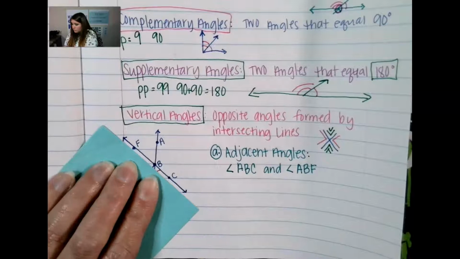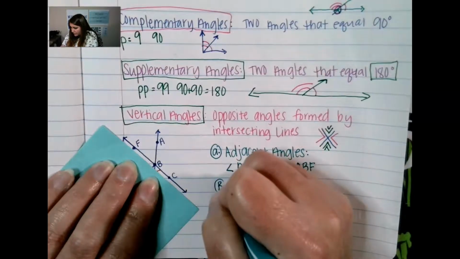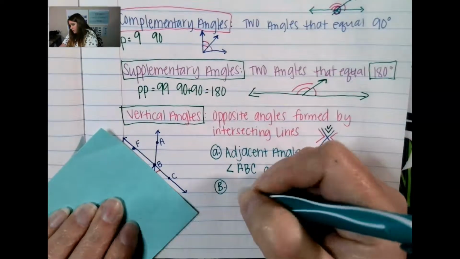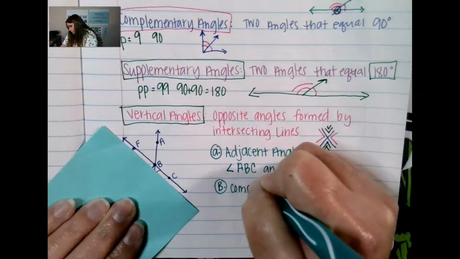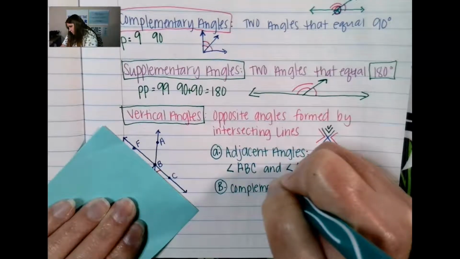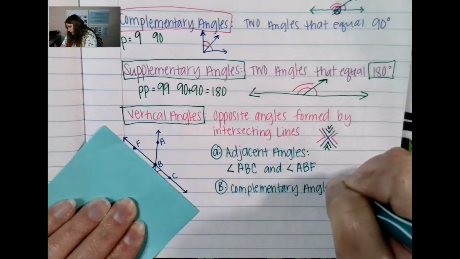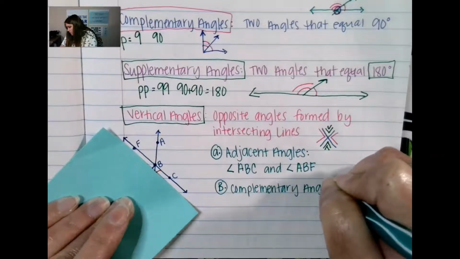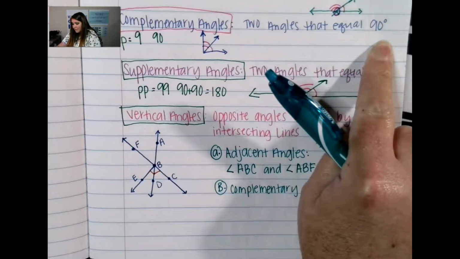Okay? All right. Example B says that they want a complementary angle. Complementary angles are two angles that equal 90.